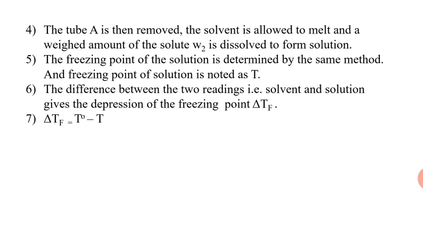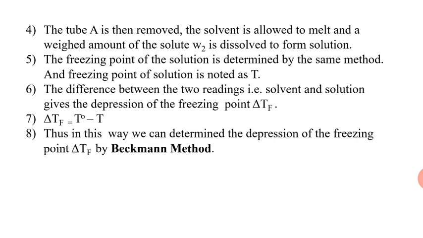Delta TF is equal to T0 minus T, that is the freezing point of the pure solvent minus that of the solution. Thus, in this way, we can determine the depression of freezing point delta TF by the Beckman method.